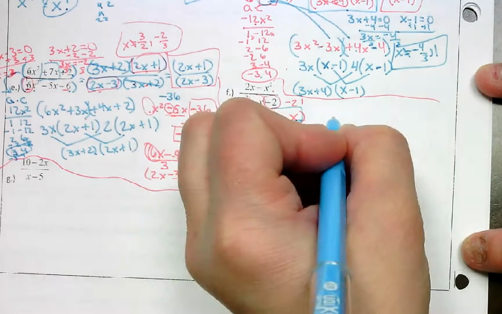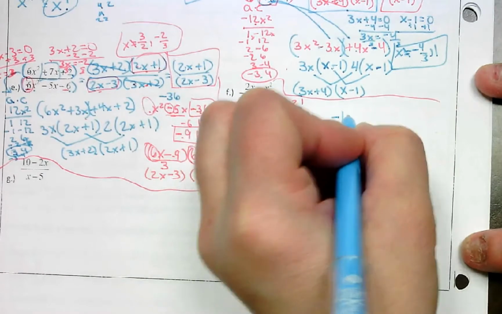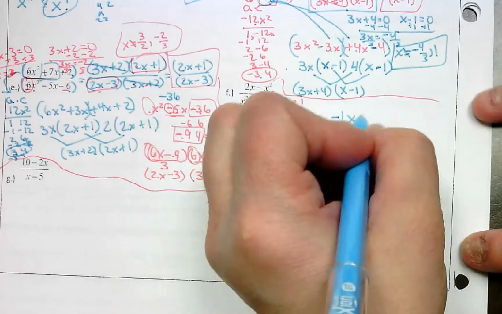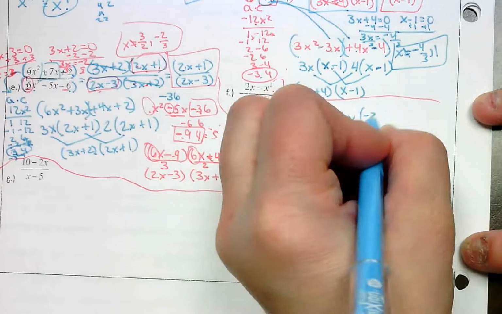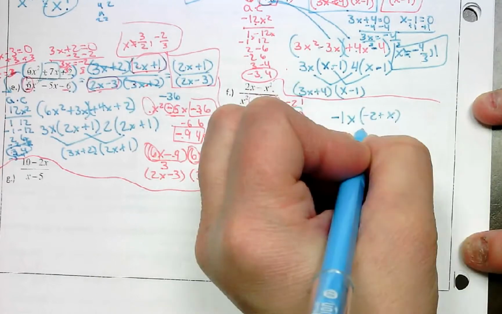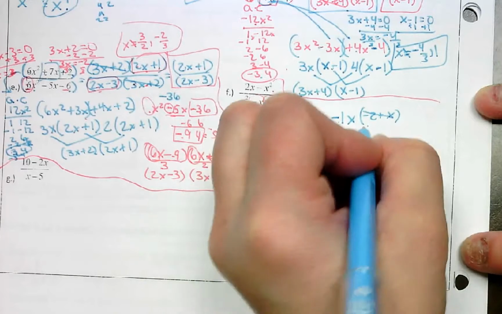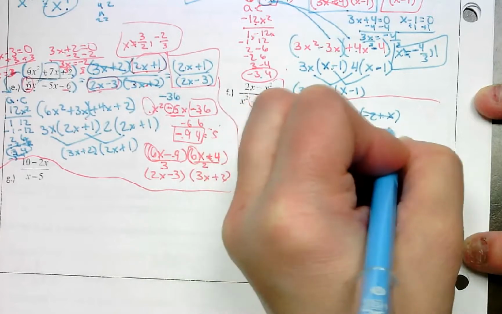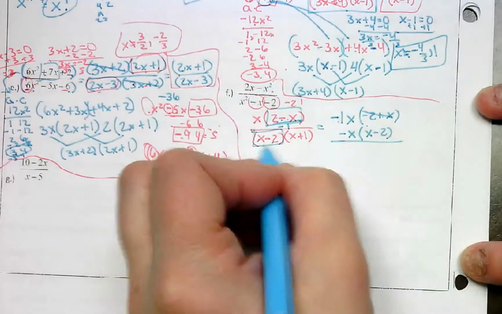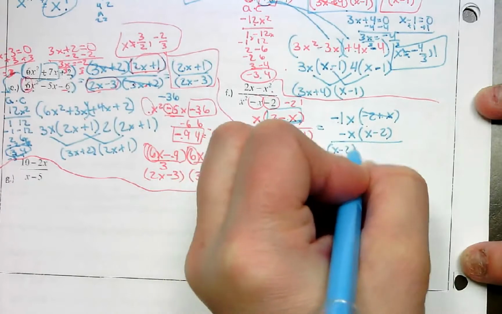From there, I'm going to get negative x plus 2, and I can rewrite this as negative times x minus 2. Now I'm going to put these back under, so x minus 2 and x plus 1. So now those two are exactly the same and cancel.